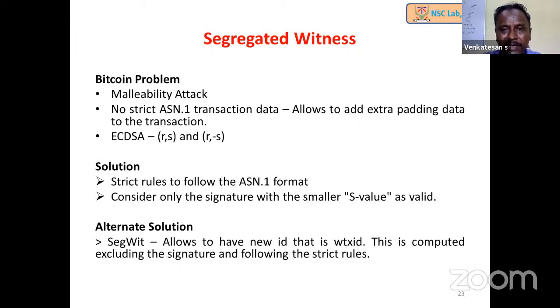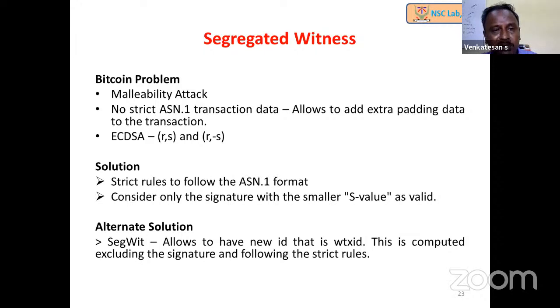And this I was telling, that is the segregated witness. Instead of keeping the signature of the transaction along with the transaction itself, we separate it out, so that when we compute the block size, it is considered without that signature part, the segregated witness part.